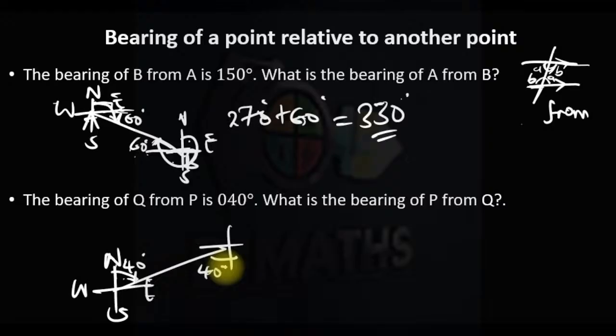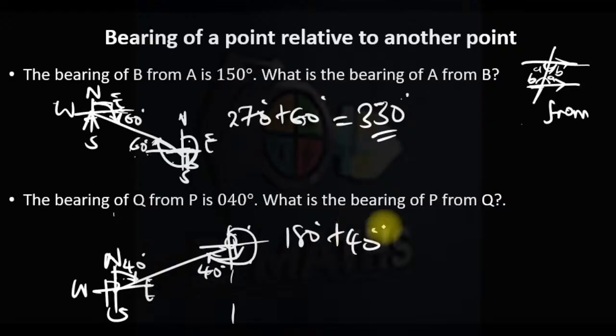This is a transversal, and this is parallel, since it's a vertical line. We are asked to find the bearing from P to Q. So we are trying to find this. As you can see, this is 90 plus 90 plus 40, so 180 plus 40. The answer is 220. So it's very easy.